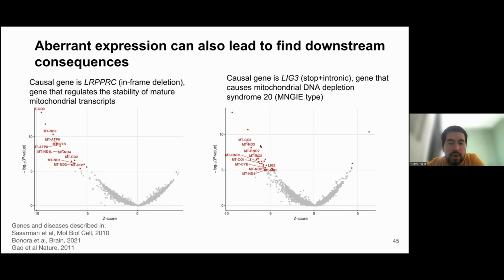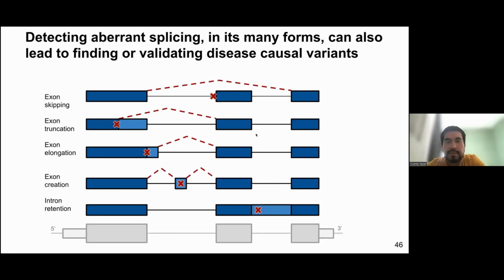Again, we see many mitochondrially encoded genes underexpressed, and LIC3 is also underexpressed because it has one stop variant. In this case the stop creates the loss of function, unlike LRPPRC, which is just an in-frame deletion. So these are 2 super interesting cases of how, through the consequences, we were able to find or confirm the disease causal effects of these genes.